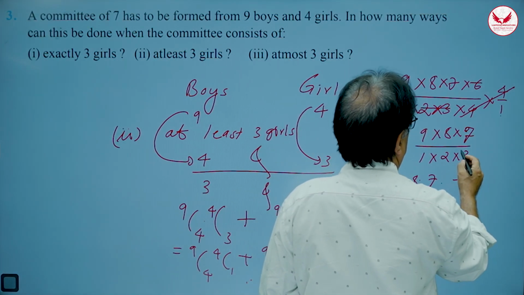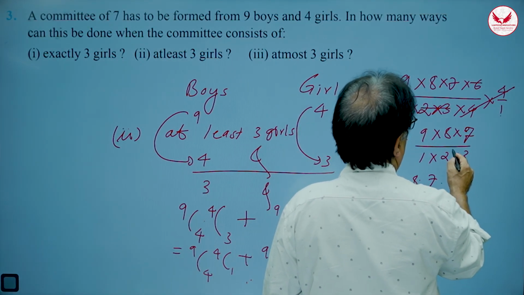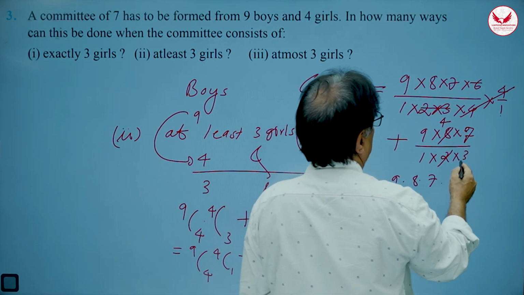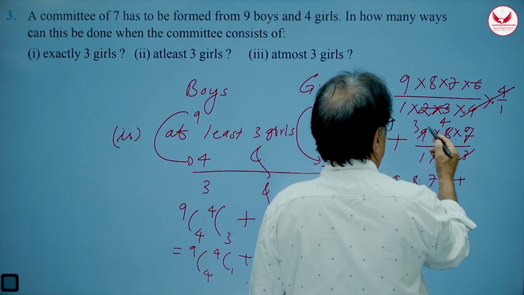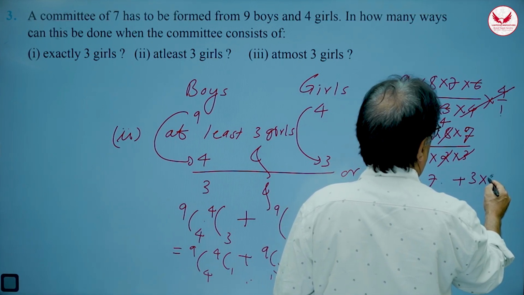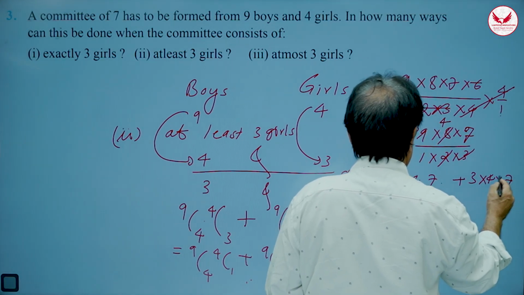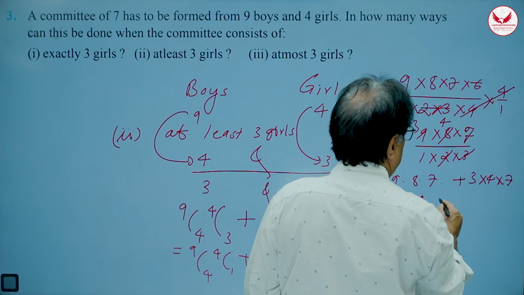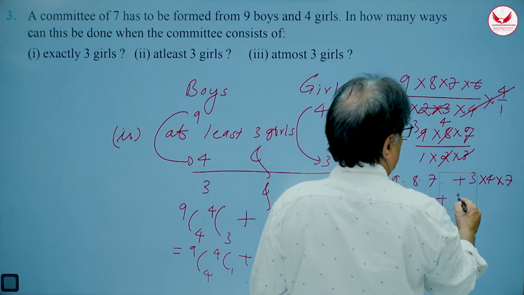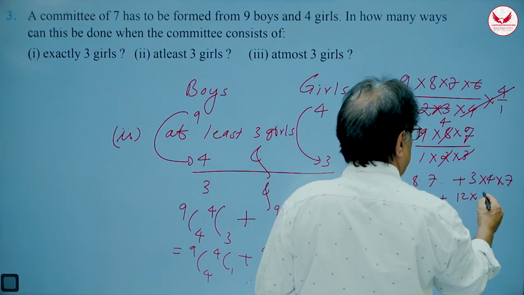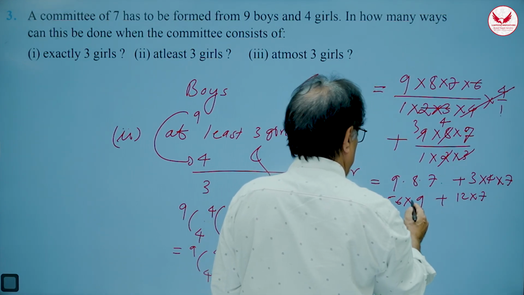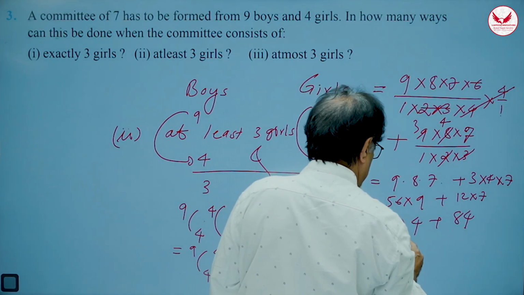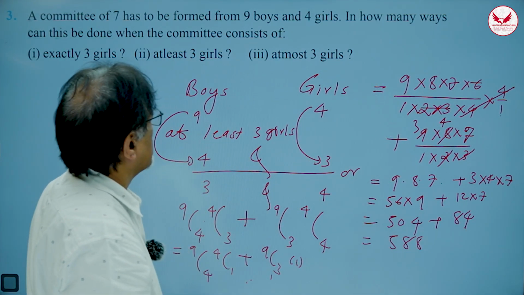And here, if I take this 2 and cancel it with this 4, so 8 becomes 4, and this 3 can be cancelled with this 3. So this becomes 3 multiplied by 4 multiplied by 7. So that means it is 56 multiplied by 9 plus 12 multiplied by 7. So that gives you this is the answer, the complete answer.